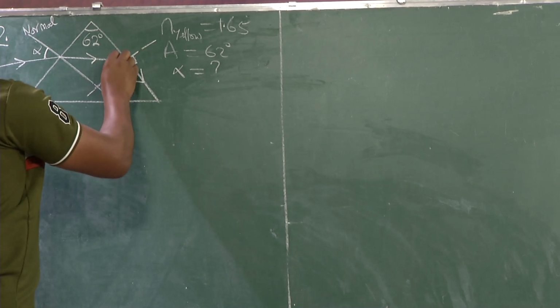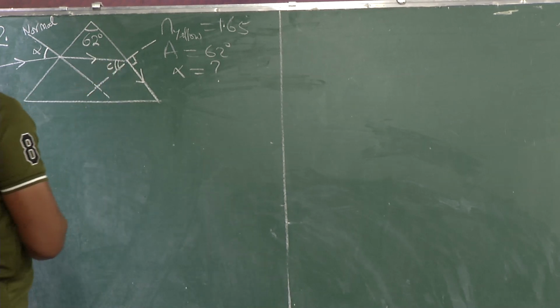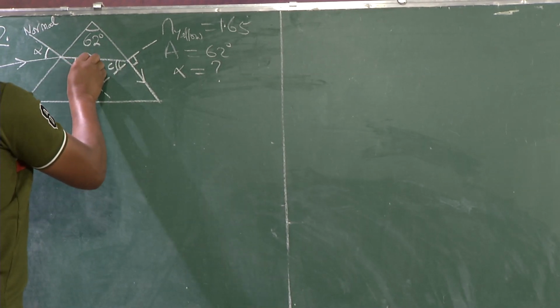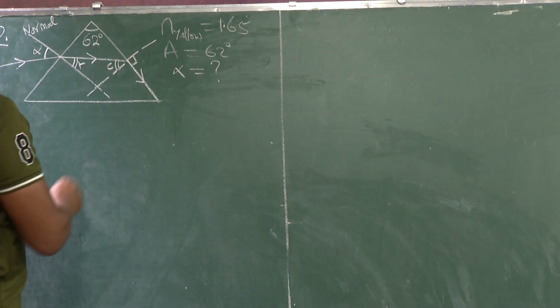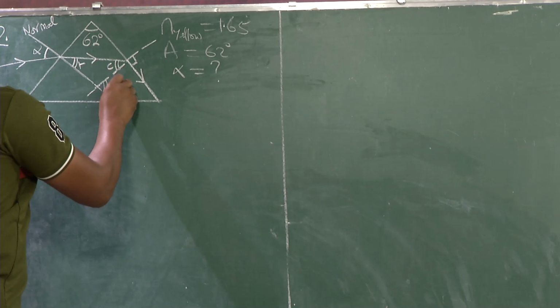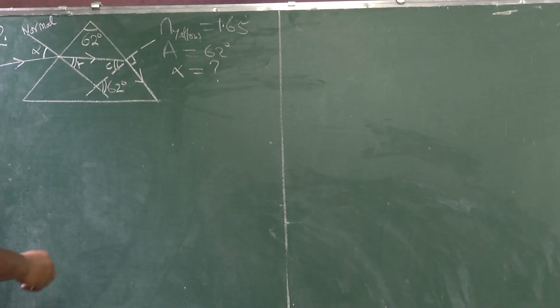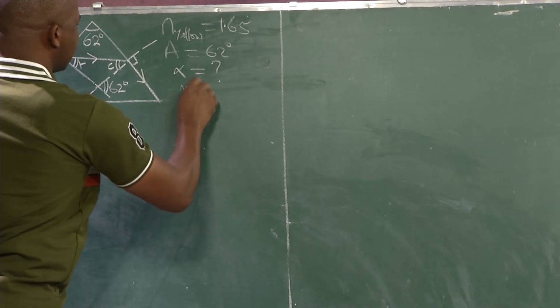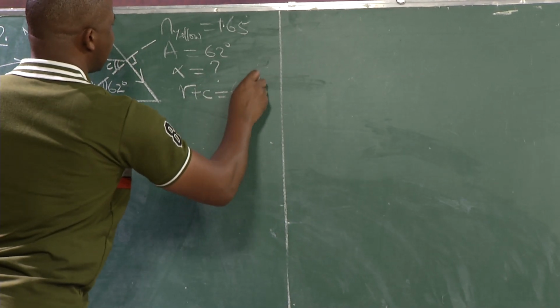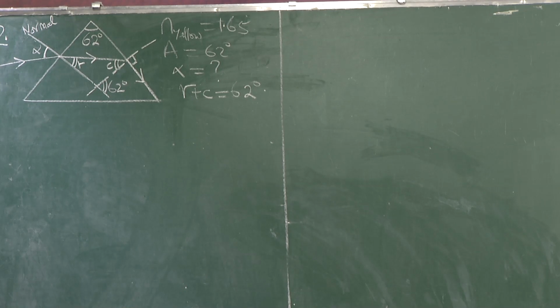The angle of refraction here is definitely going to be the critical angle. And therefore, this, if I call it R, it can be determined. Similarly, compared to the first example we have just looked at, the sum of R plus C, according to my interpretation on my sketch, is still equal to 62 degrees.